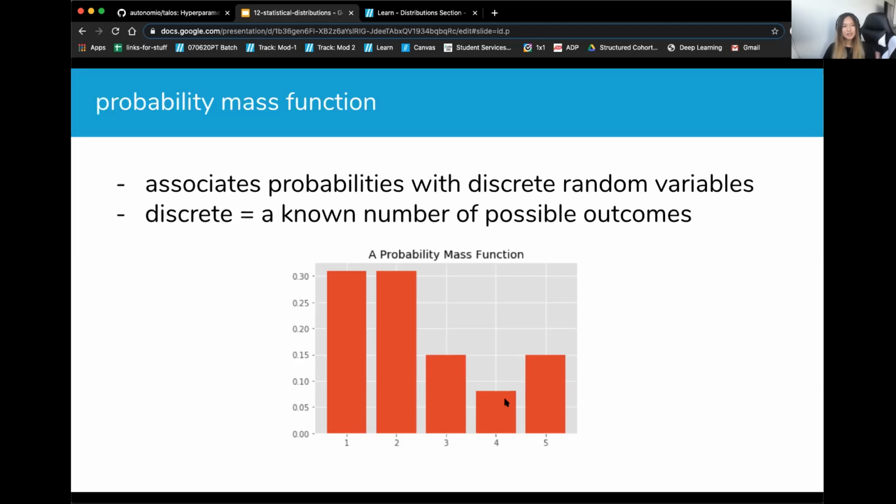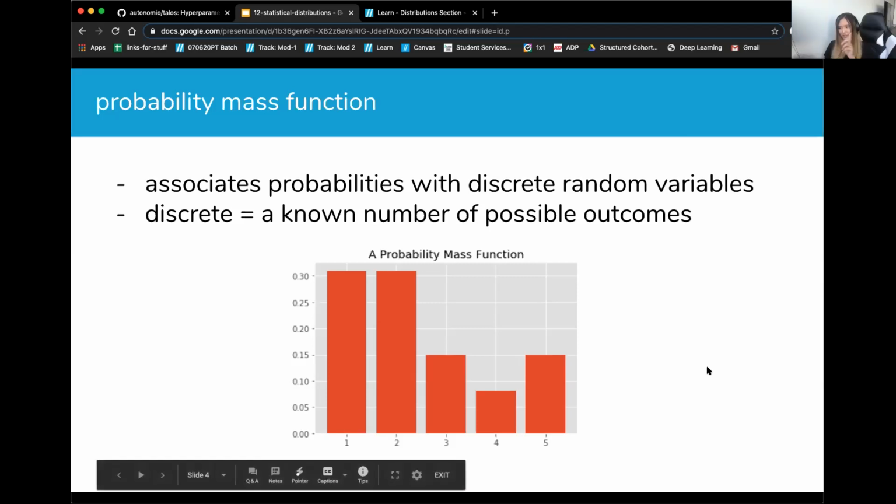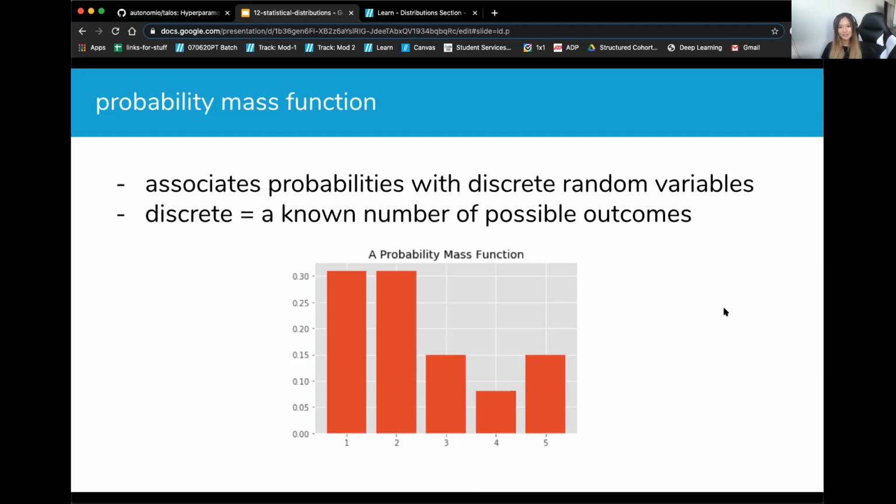I would say there is no order of operations in this case. This is just a visualization of something that you have. So if you want to create a distribution where the probability is 2 times whatever the number is, you can create that distribution as well. Got it. One last thing to note is that each of these bars must add up to 1. Yeah, that's one quick thing.